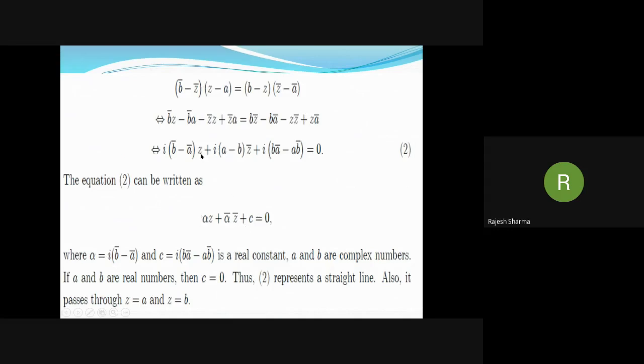Also, if we put Z equal to A and Z bar equal to A bar, this equation is satisfied. Also put Z equal to B, Z bar equal to B conjugate, this equation is satisfied. So this is the equation of a straight line passing through A and B.